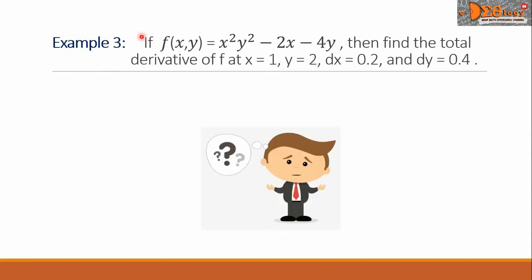Example 3. If f of x, y equals x squared y squared minus 2x minus 4y, then find the total derivative of f at x equals 1, y equals 2, dx equals 0.2, and dy equals 0.4.